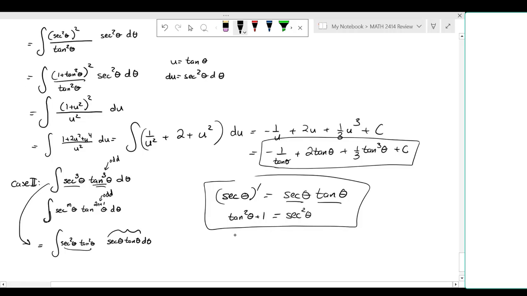We can do that via our Pythagorean trig identity, where tangent squared is secant squared minus 1.